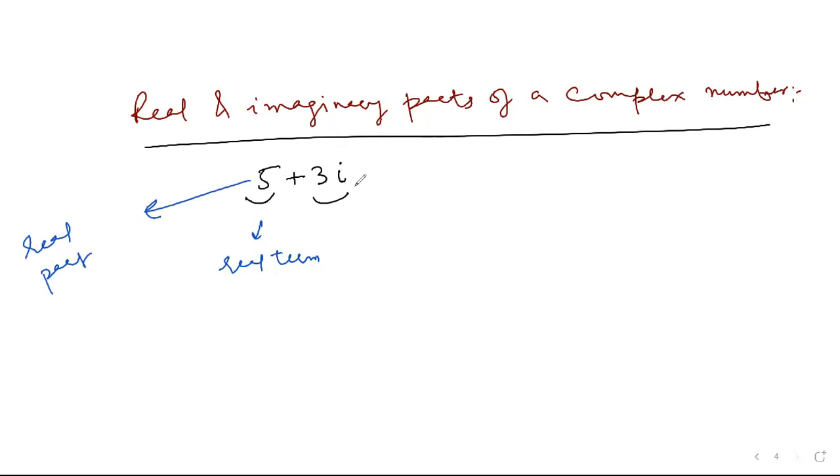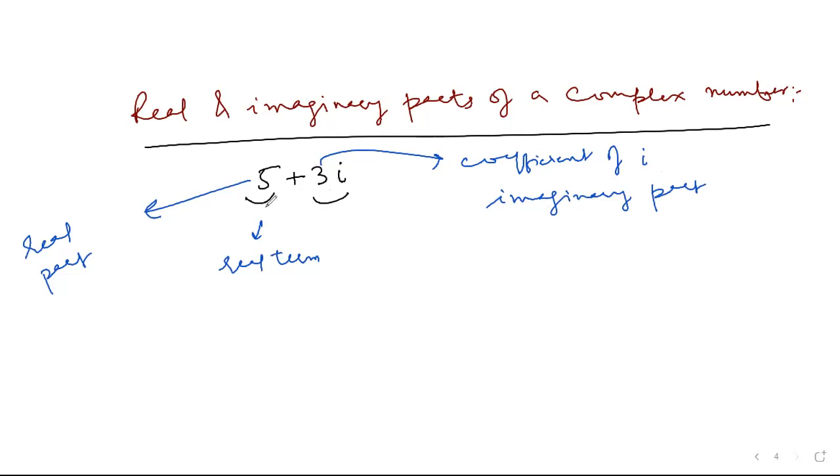And the coefficient of iota in the other term, that is this plus 3, is called the imaginary part of the complex number 5 plus 3 iota, right?